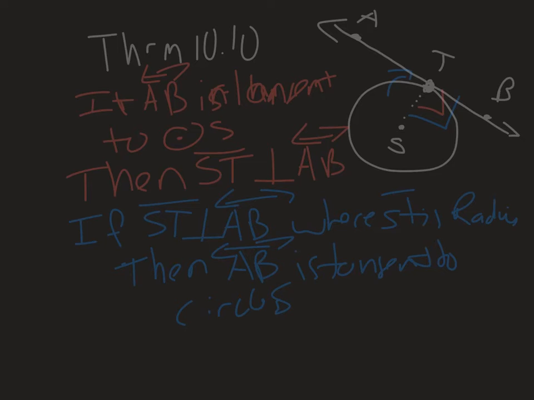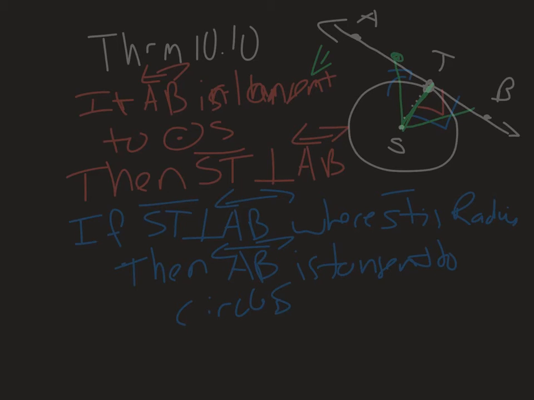So if we're thinking about how we could prove this, we're probably going to use some triangles here. Something you could do is make this radius to the point of tangency. If we're allowed to start with AB being tangent to circle S, then we're going to make some triangles to the line AB.